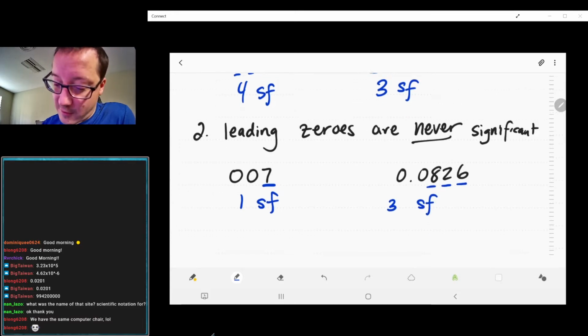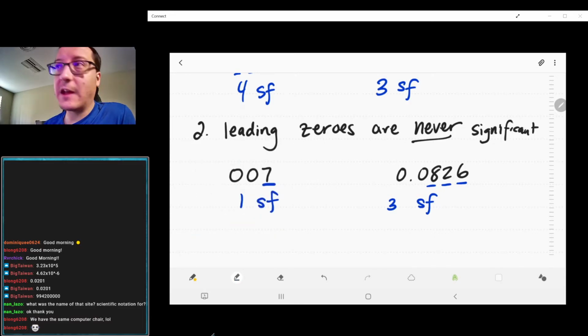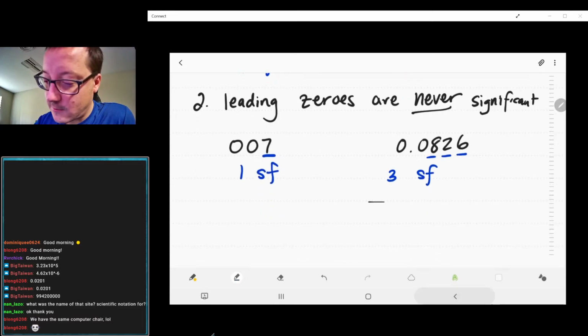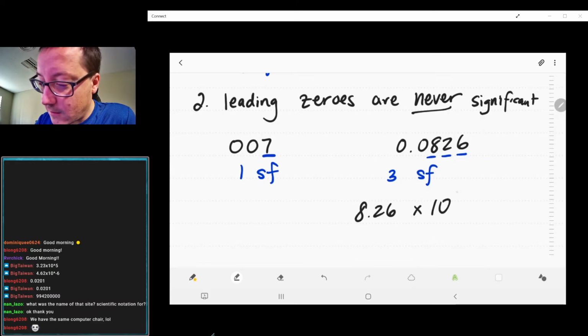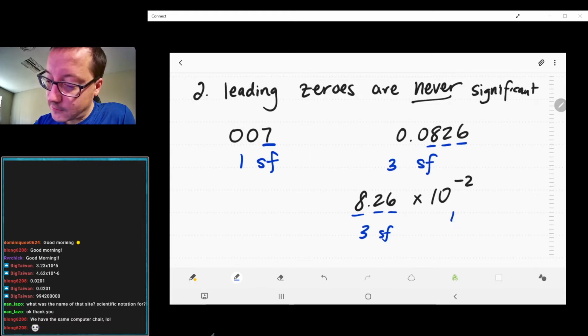The reason for all of this is if we were to convert that number to scientific notation, we would get rid of those pesky leading zeros. And we're going to see again here that we're still going to have our 3 sig figs there. Important to note, these exponents don't count.